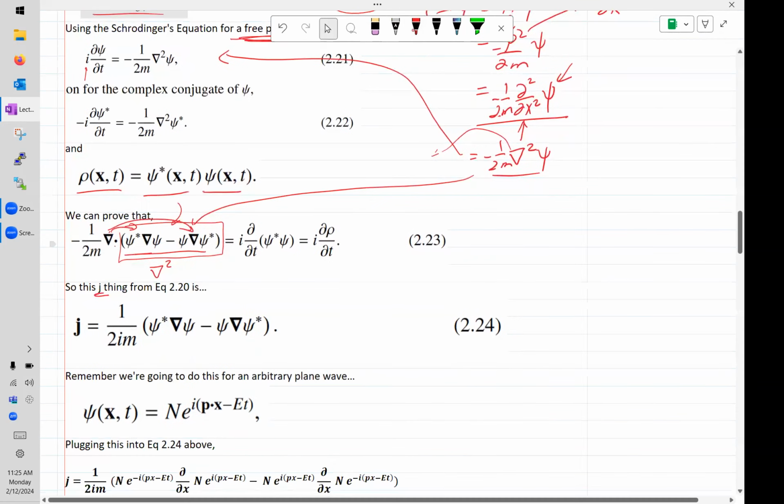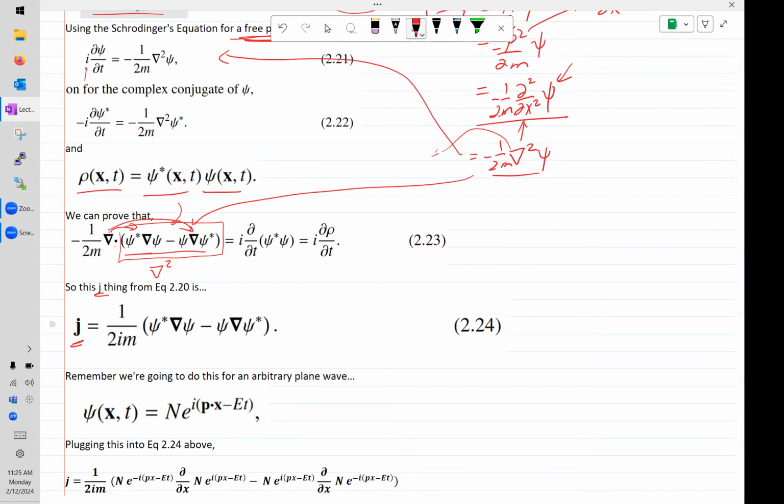That means this current, this J thing, let's not even call it a current yet, is analogous to that. It's going to be this psi star, the gradient of the wave function, minus the wave function itself with the gradient of its complex conjugate, with some bunch of factors in front that you have to bring around. So this 1/2im comes out, because the i actually has to come down here also.